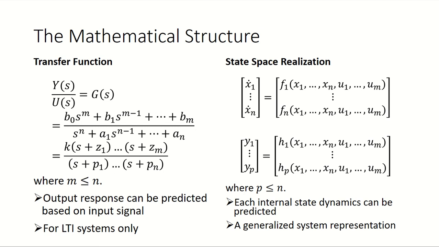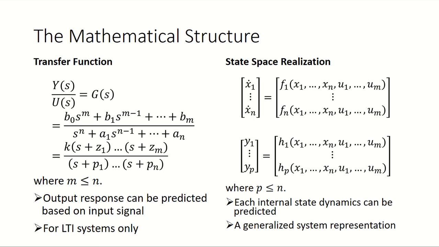Generally it is modeled with first order ordinary differential equations. So x1 dot equals something, x2 dot equals something, x3 dot equals something, and in this way xn dot equals something.